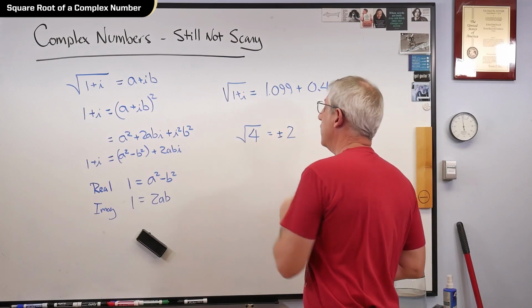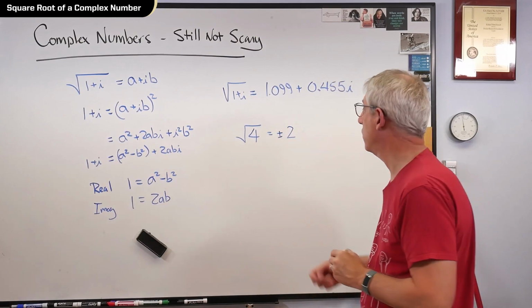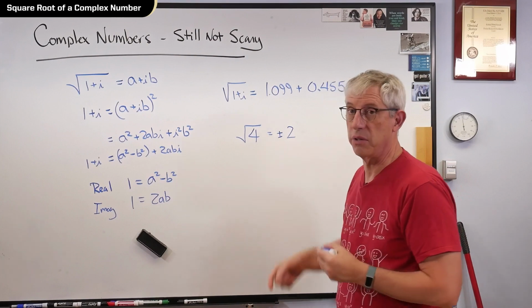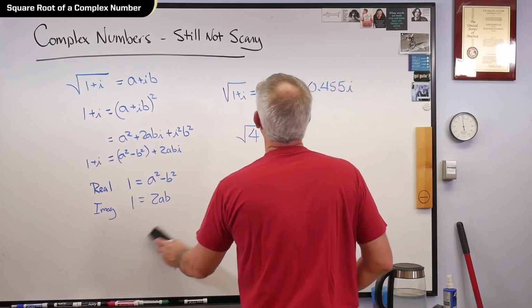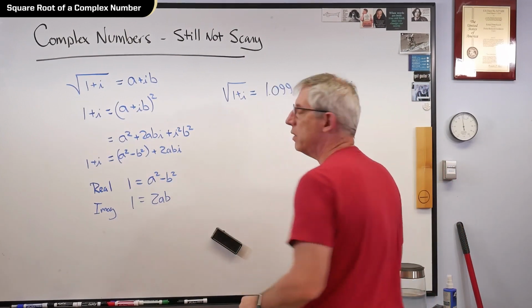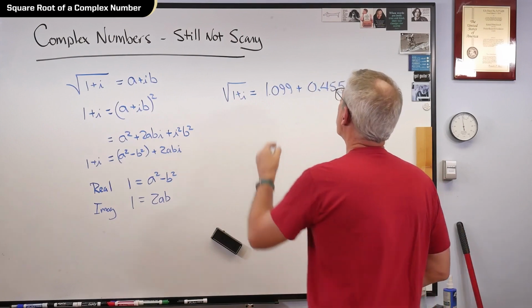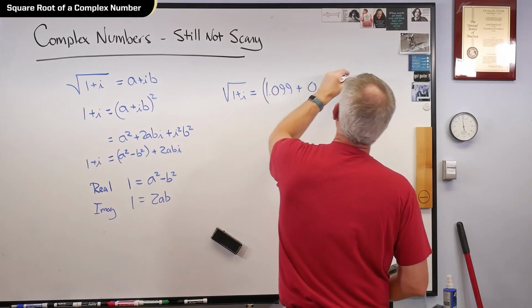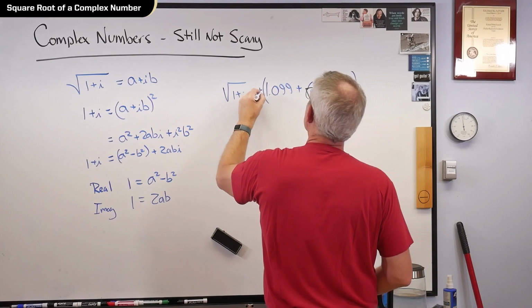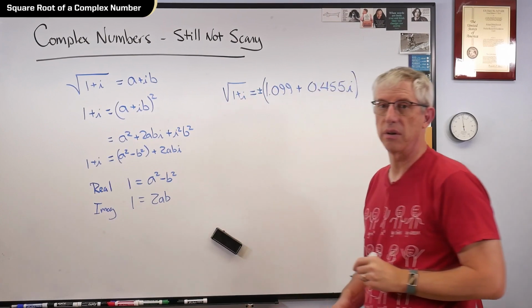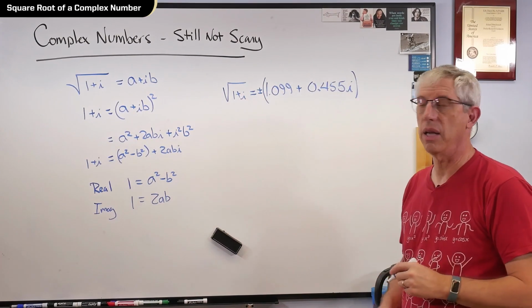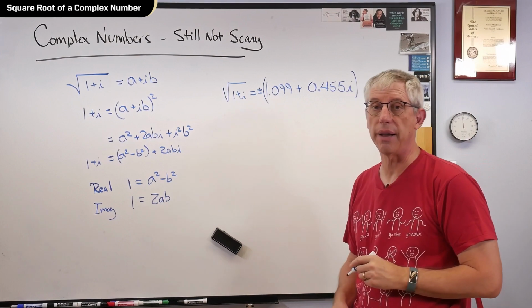But this is really the answer, plus or minus 2. Minus 2 times minus 2 is 4. And it's the same way here. Even though when you go into MATLAB, MathCAD, your calculator, whatever, you're going to get what's in the parentheses, that's really the answer. It's plus or minus that. Either one of those is the solution to that.